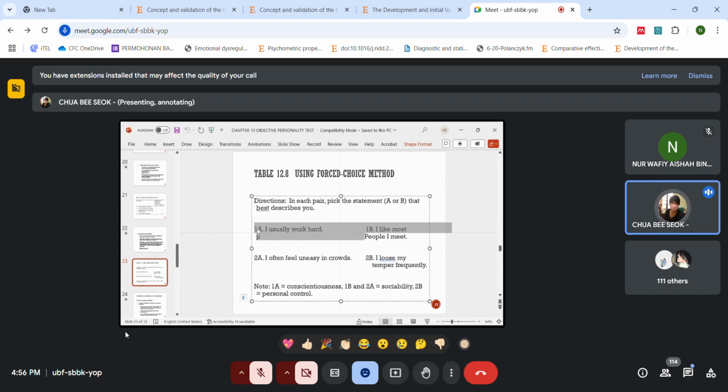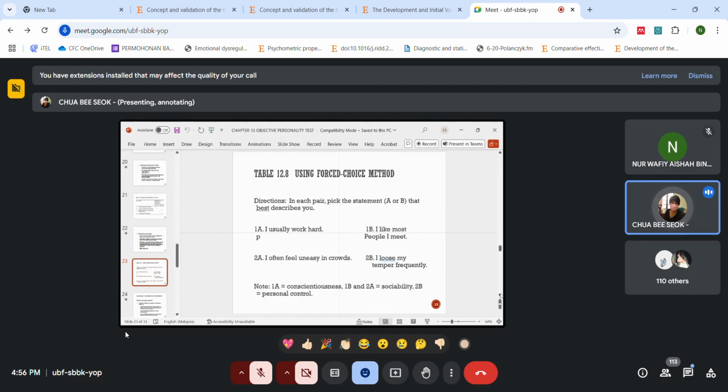Both statements have social desirable tendency. For example, I usually work hard. Item two, I like most people I meet. So these two options have the social desirable response tendency.